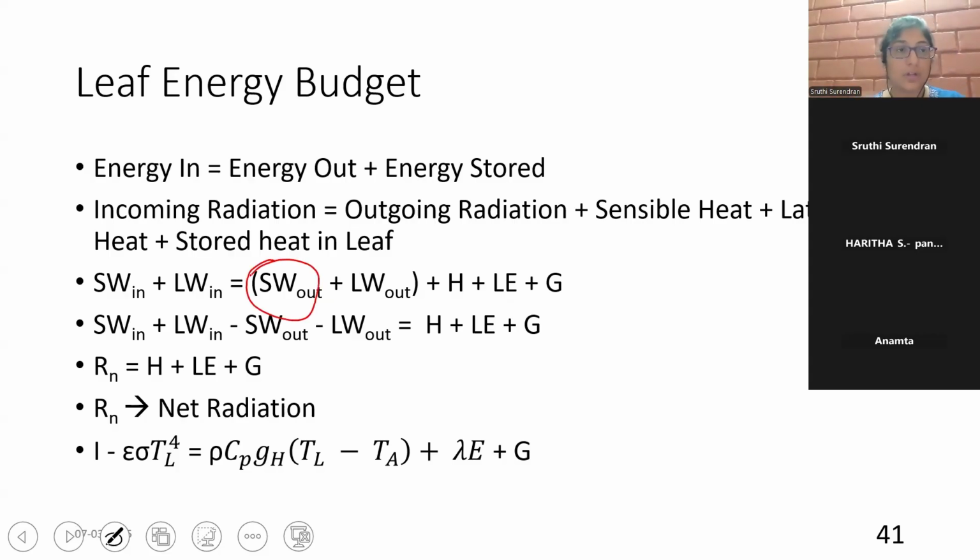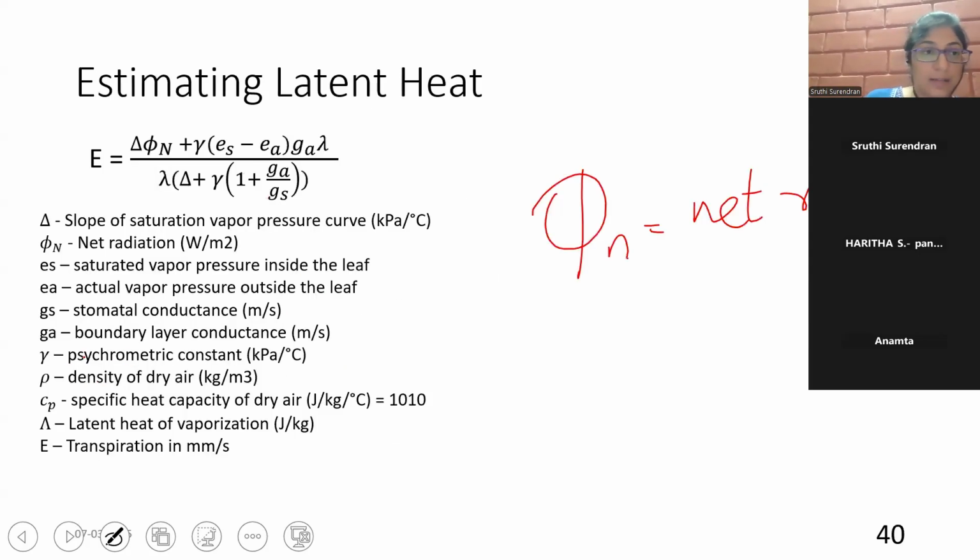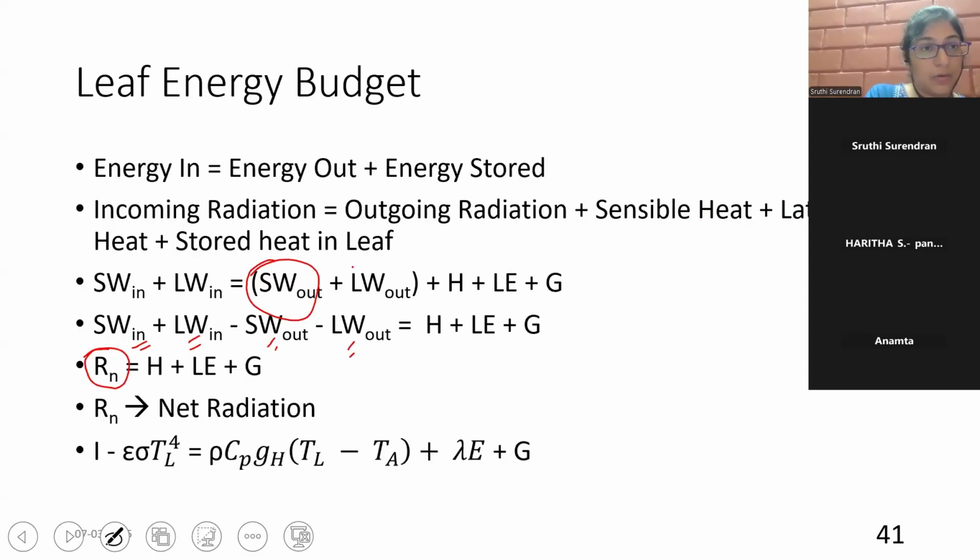It is not actually going inside the leaf, it is being reflected back. So even that value of shortwave radiation is taken into consideration. The long wave radiation energy that is going in, minus the shortwave radiation that is going out, minus the long wave radiation that is going out, is what gives us the net radiation. Net radiation is short wave in minus short wave out, plus long wave in minus long wave out.